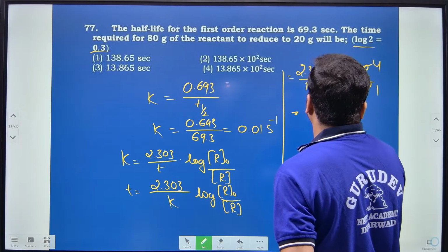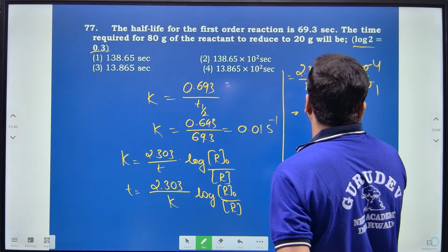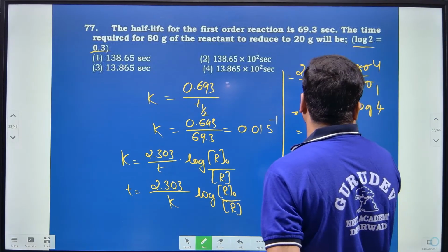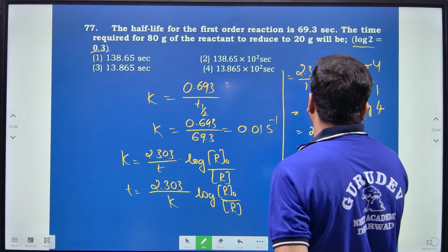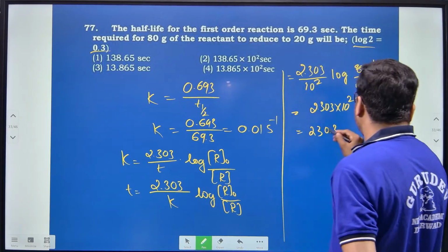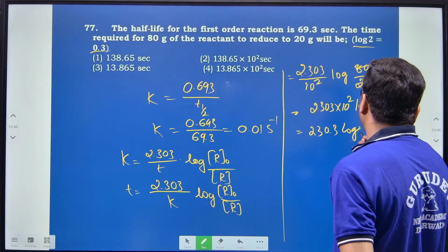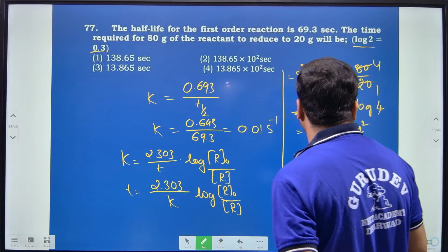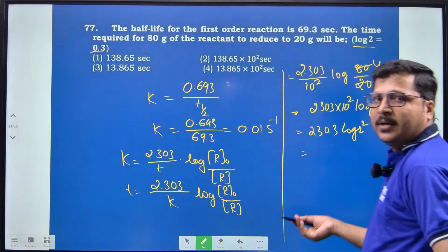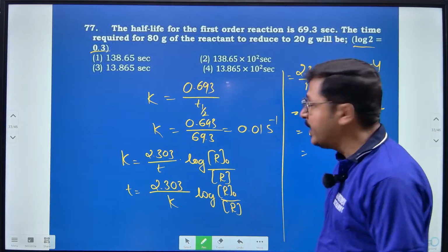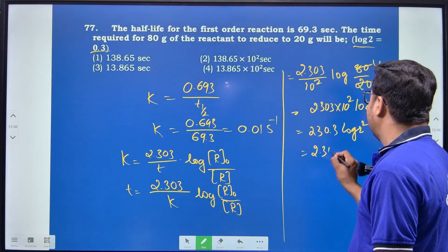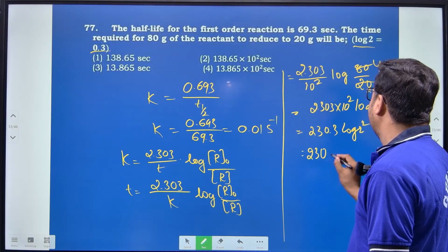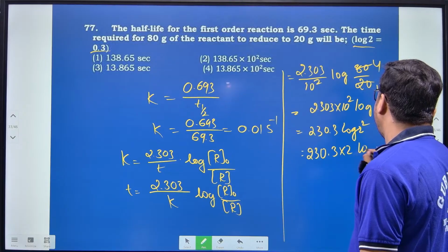This becomes 2.303 into 10 to the power 2 into log of 4, and this becomes 230.3 into log of 2 squared. So, log A raised to B is B log A, hence 230.3 into 2 into log 2.